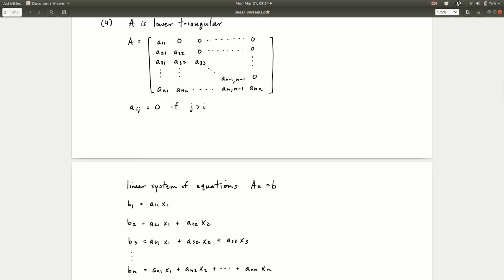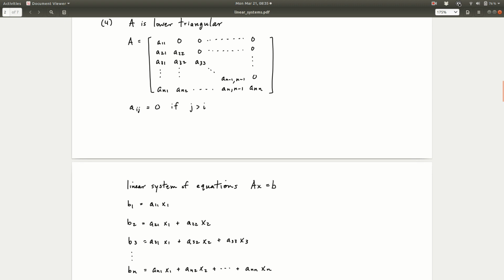If we look at this first row, we're going to get a11 times x1 plus a bunch of zeros equals b1. So the first equation is b1 equals a11 x1. The second one, we're going to do a21 times x1 plus a22 times x2 plus a bunch of zeros equals b2. So b2 equals a21 x1 plus a22 x2.